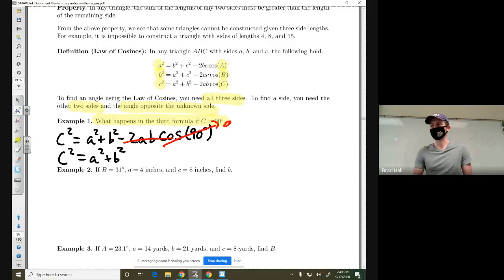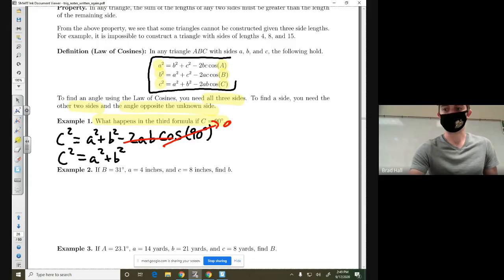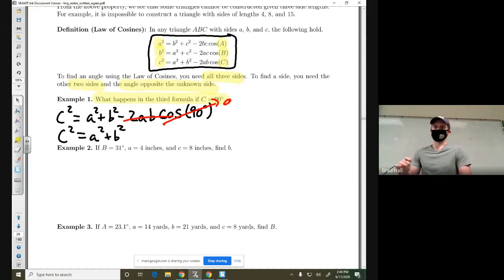So how exciting. Now we pretty much have the Pythagorean theorem for general triangles. And this is it, one of these forms. It's all relative based off of nomenclature, but I digress. But that's kind of the interesting thing. The law of cosines is a generalization.